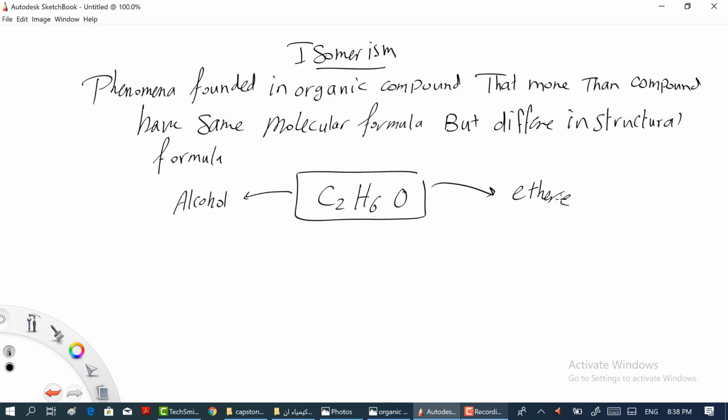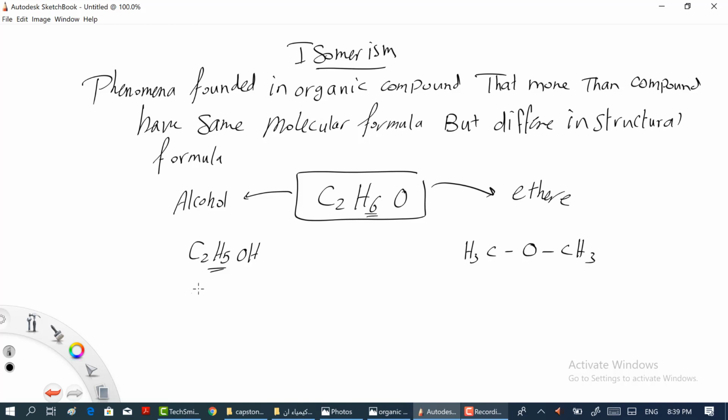For this compound, one of the 6 atoms will be bonded after the oxygen, so it will be C2H5OH. This is called ethyl alcohol, ethanol. For the other one, put the oxygen in the middle, dividing the carbon atoms one and one, with the hydrogens as CH3.